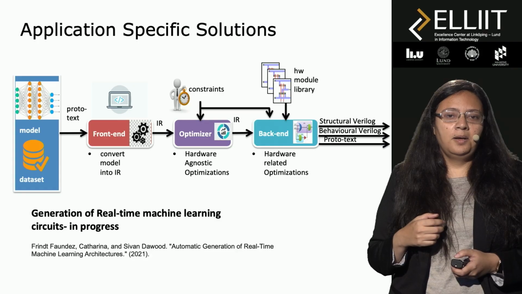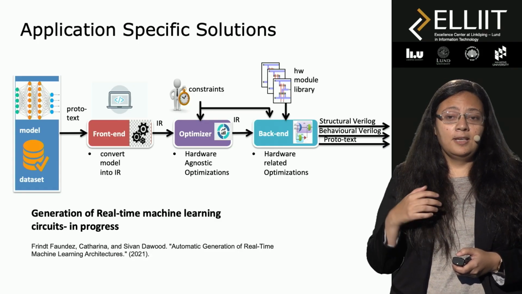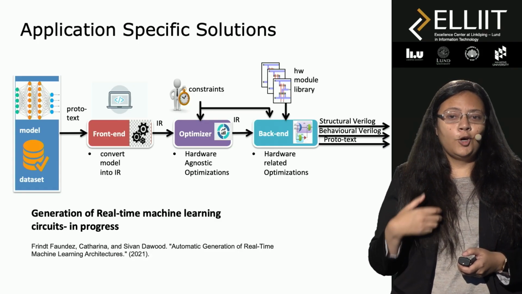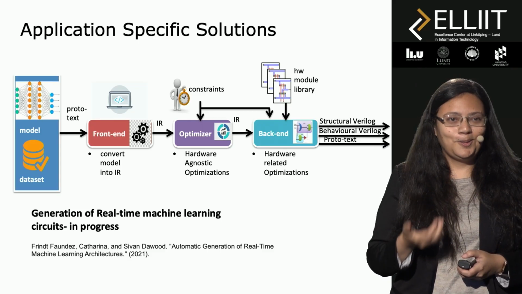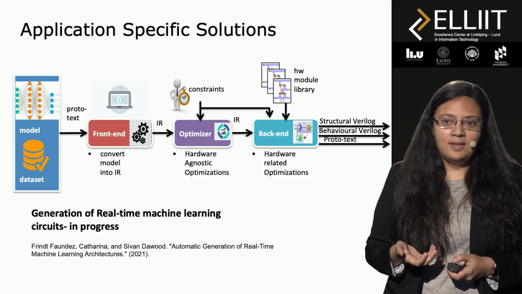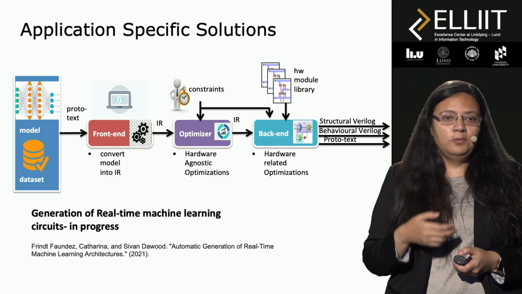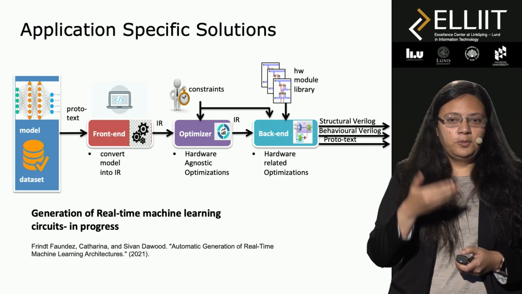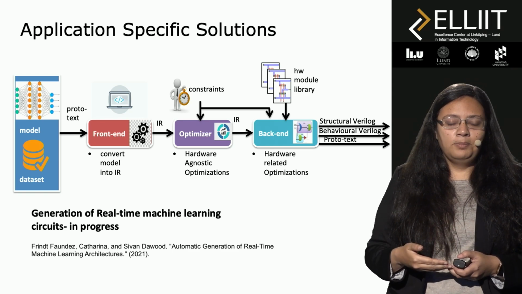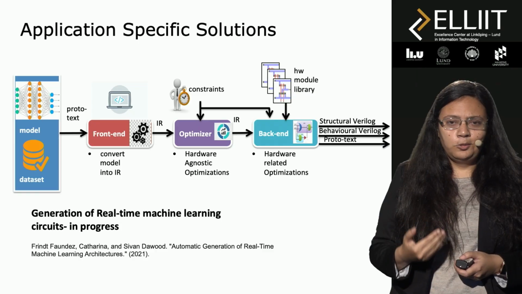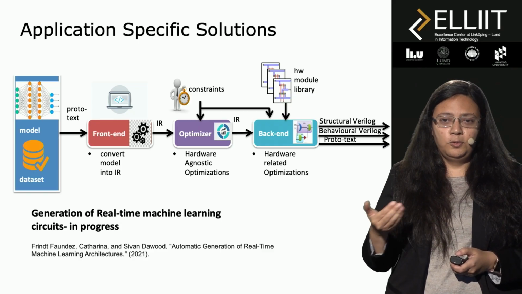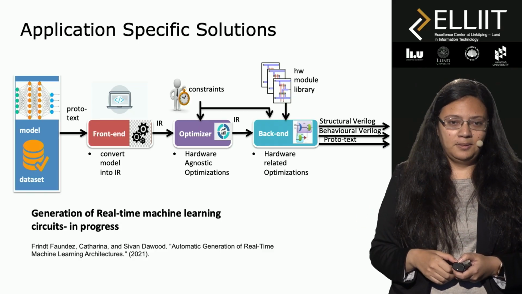However, now we are easing it because you don't need to be a hardware expert to have a hardware circuit running the machine learning application. Instead, we start from regular software where you design your machine learning application normally, and then our tool would automatically convert it to fast and efficient hardware.